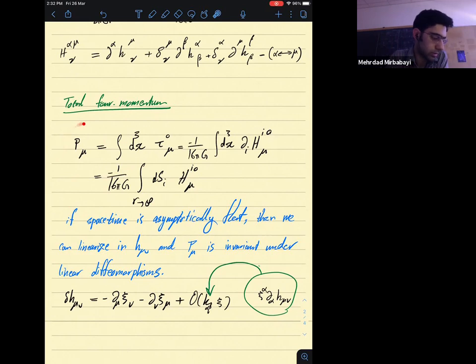So this P mu will be a 4-vector, which can change depending on the choice of that Lorentz frame. Those choices of xi that correspond to different Lorentz frames are allowed when I say asymptotically Minkowski, but anything else should be appropriately decaying at infinity.